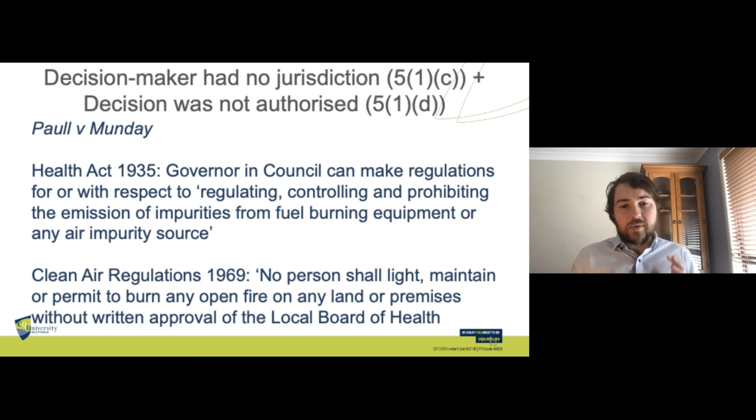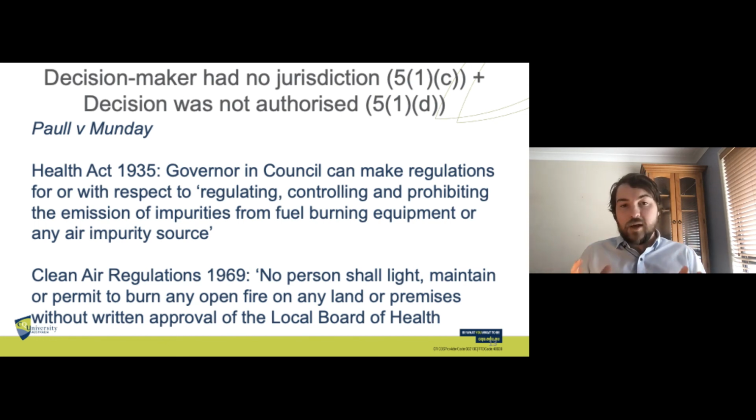To highlight that with a real-world case, and this one's a bit technical, but I also think it's a nice, clear example. So we'll go through it in a bit of detail and quite carefully. In Paul and Monday, we had the Health Act of 1935, which said that the Governor in Council can make regulations for or with respect to regulating, controlling, and prohibiting the emission of impurities from fuel burning equipment or any air impurity source.